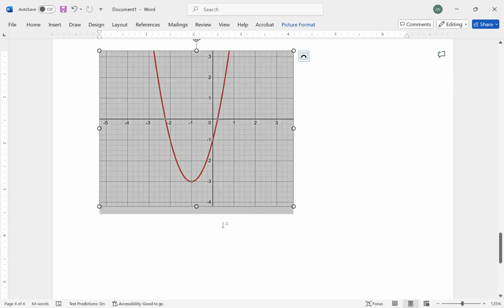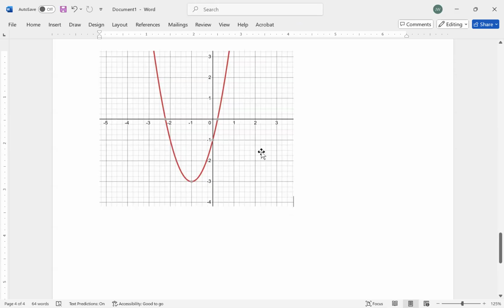Now the shift is pretty obvious on this one. We've taken that bottom point, we've shifted it from the origin left 1 and down 3. But here's the trick.